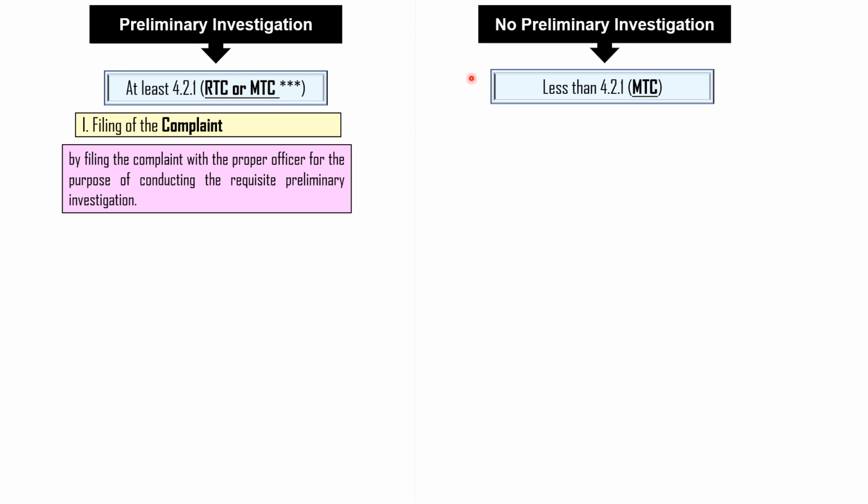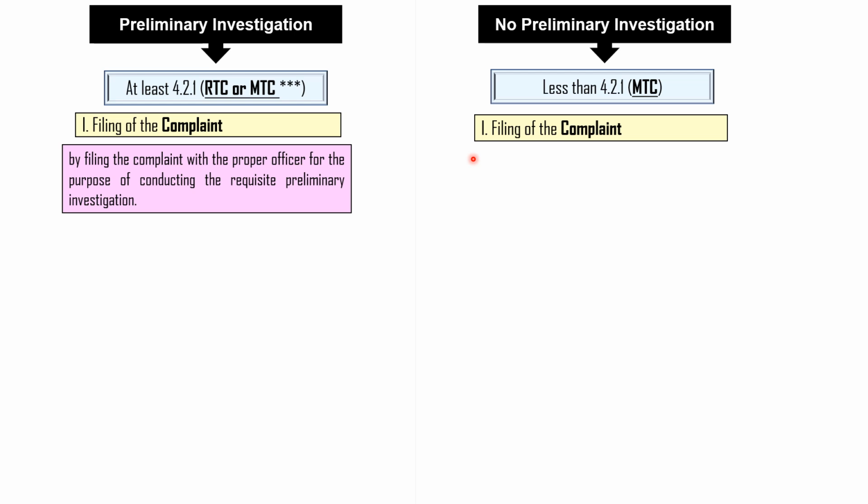So what is the first step here if a case does not require a PI? Answer is it's the same. First step is you are going to file your complaint. But question, where are you going to file your complaint? Answer can be found in your Rule 110, Section 1.